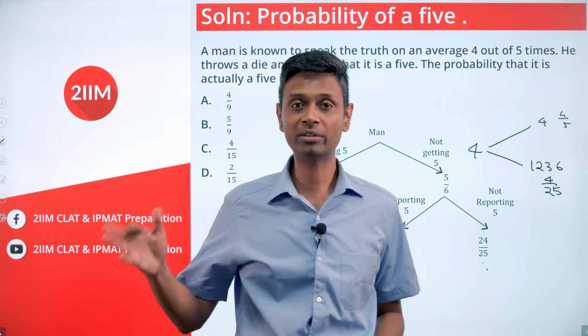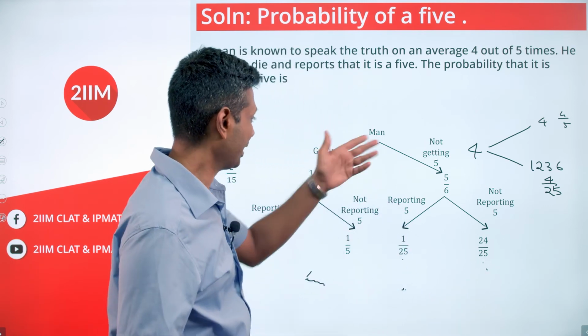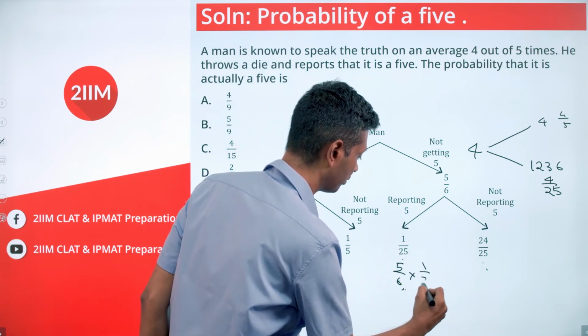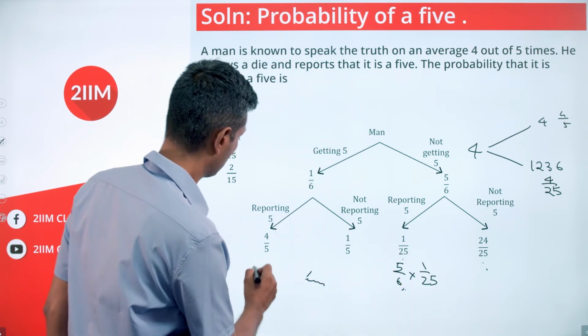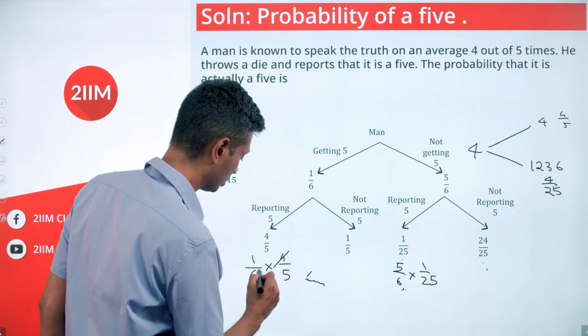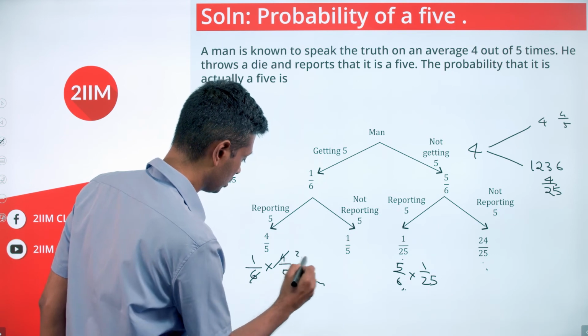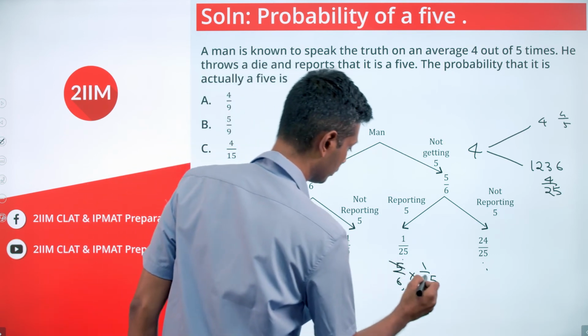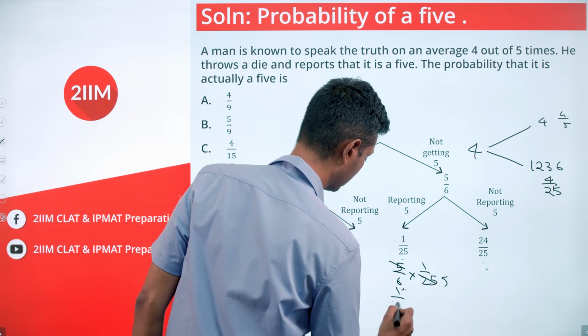After this, we are back to Bayes' theorem. How so? We're back to the same probability. This is 5 by 6 into 1 by 25. This is 1 by 6 into 4 by 5. This is 2 by 15. This is 1 by 30.